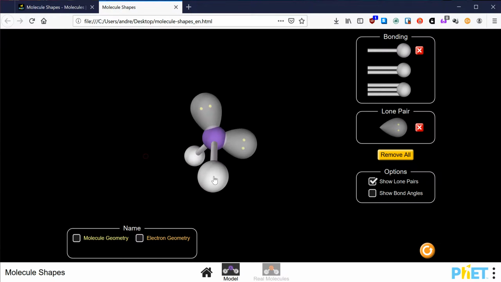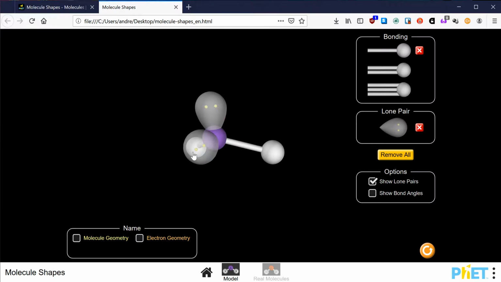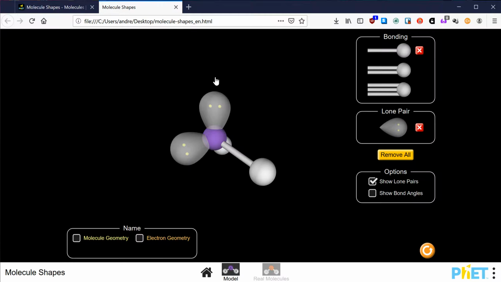So if we wanted to see this representation, it shows us water. So we can see that the geometry of a water molecule is very similar to the geometry of an AX4 molecule, only with these two lone pairs. In an AX4 molecule, these would be bonds that connect the peripheral atoms to the central atom, but since there are no bonds here, these would be lone pairs.